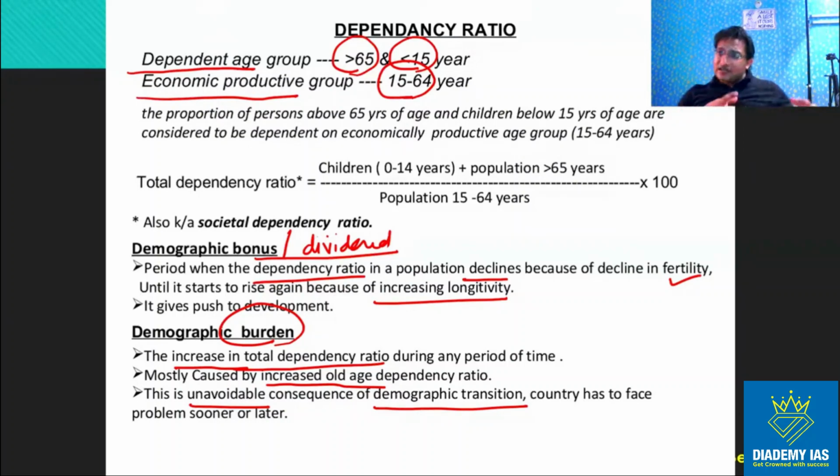So when this 65% population in India becomes old, at that point of time most of the population in India will be old age, they will be dependent, so that time will be called demographic burden.